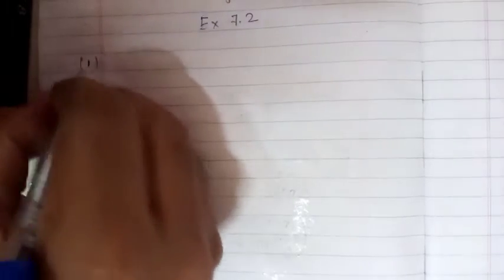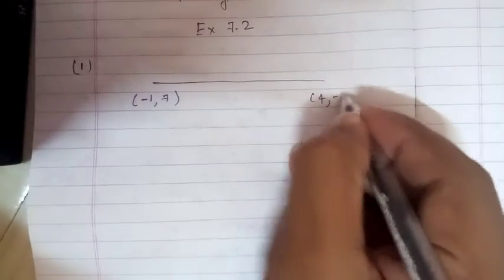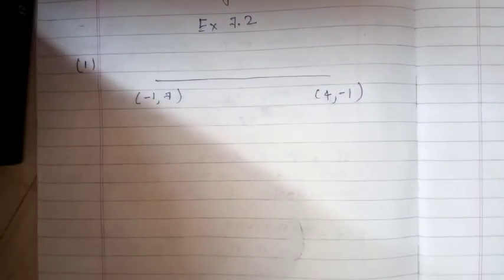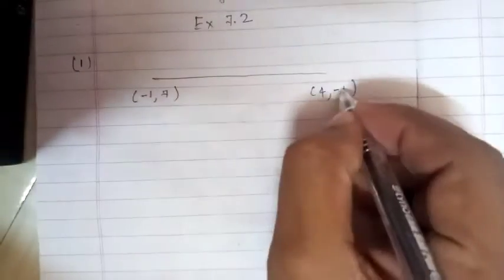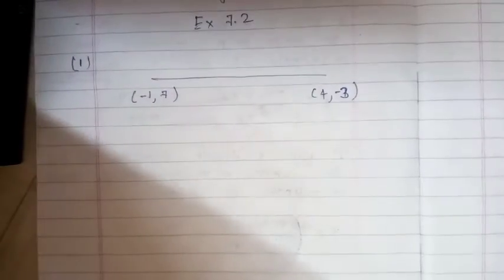Okay, now exercise 7.2, first sum. In this question it is given to find the coordinate of a point which divides the two points given as minus 1 comma 7 and 4 comma minus 3, sorry, 4 comma minus 3, in the ratio of 2 is to 3.